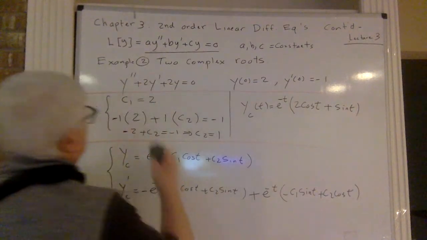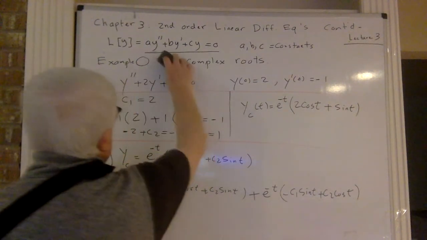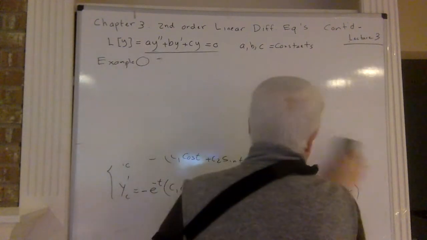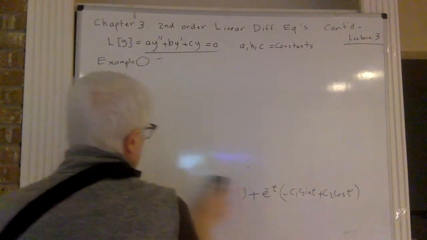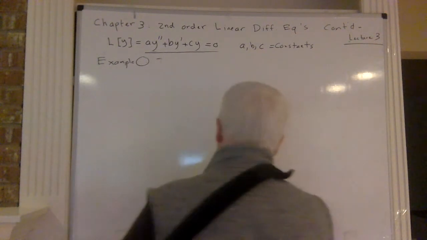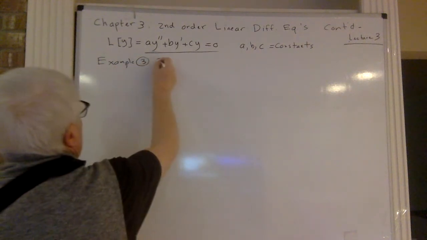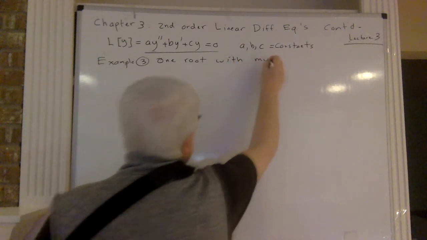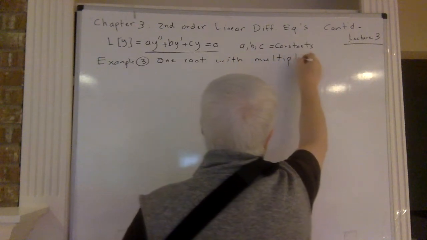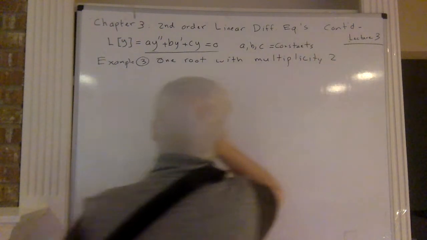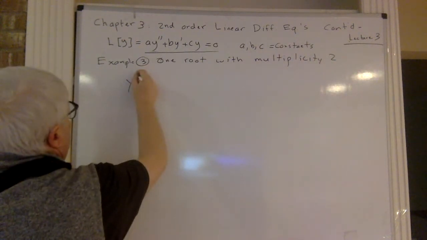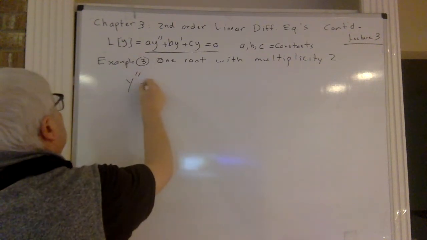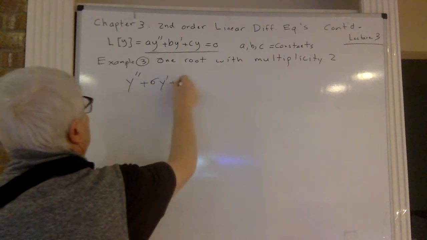The third case is when we have one root. One root with multiplicity 2. So let's just go with the simplest one. y double prime plus 6y prime plus 9y is 0.